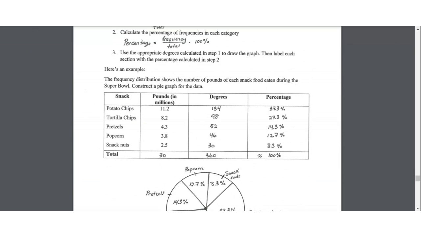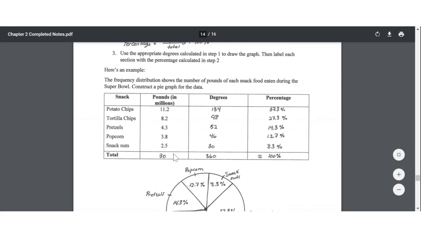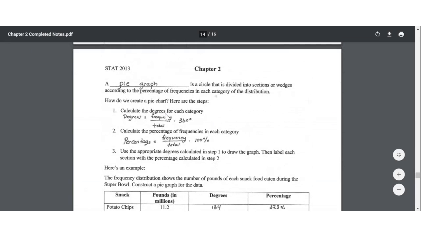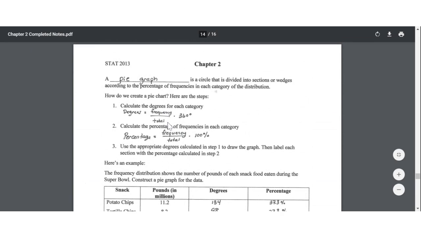So the total pounds in millions is 30 million. Now that we know the total, we can find the degrees for each category by taking the frequency of that category divided by the total frequency.